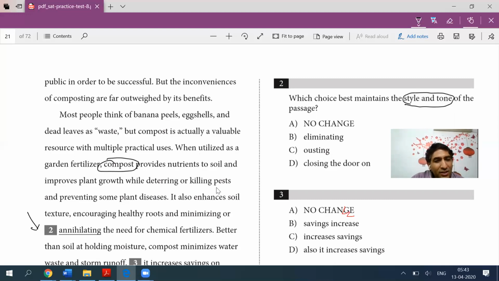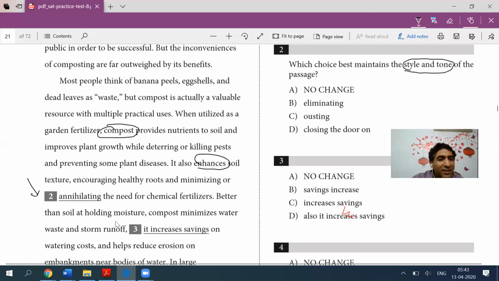While deterring or killing pests and preventing some plant diseases, it also enhances soil texture, encouraging healthy roots and minimizing or annihilating the need for. Annihilation is complete destruction of something, like the fire annihilated the building. So something related to fire or some kind of accident is annihilation.